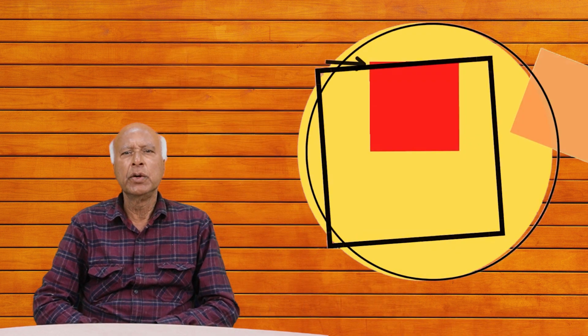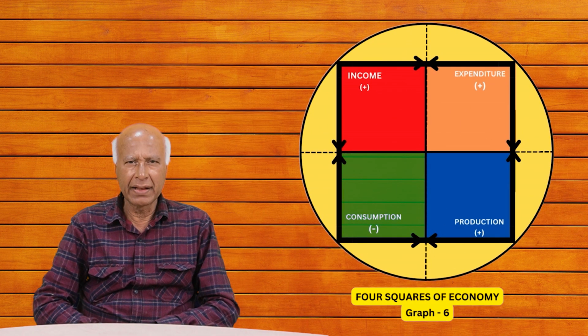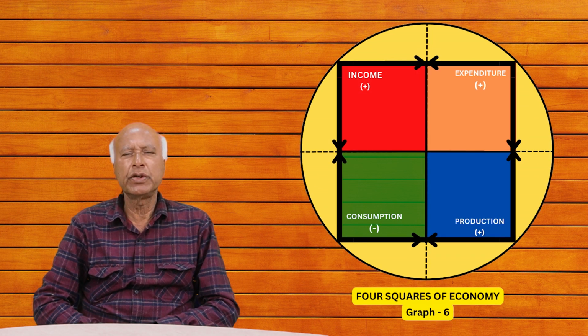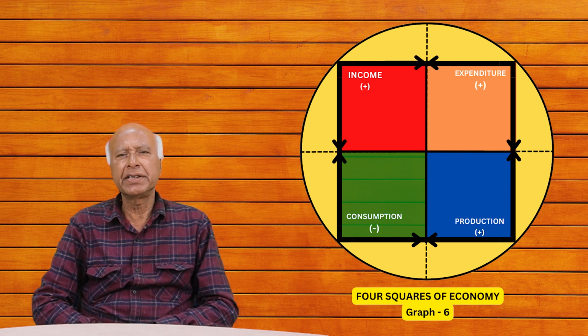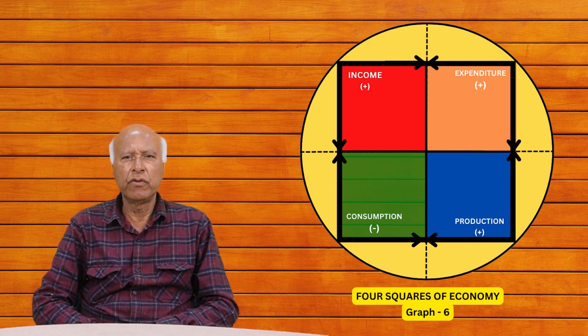Dear friends, in this session, we are going to discuss and deliberate on the four squares of pole activity. This graph can be seen on page 29 of the book Shape of Economy, and graph 6 illustrates the four poles of stability.